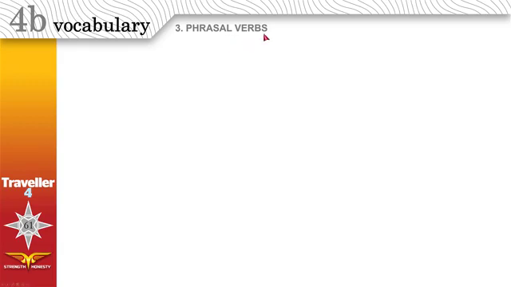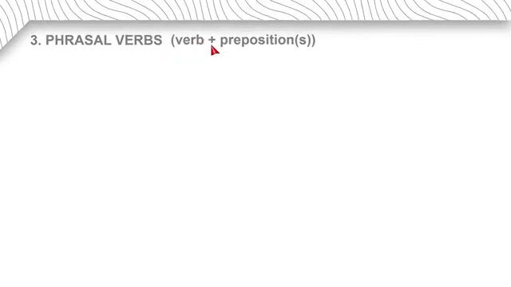3. Phrasal verbs. Phrasal verbs consist of a verb plus a preposition or an adverb. A verb is a word like look. Prepositions are words like up and to. We have two prepositions. Now, these three words together give a special meaning.